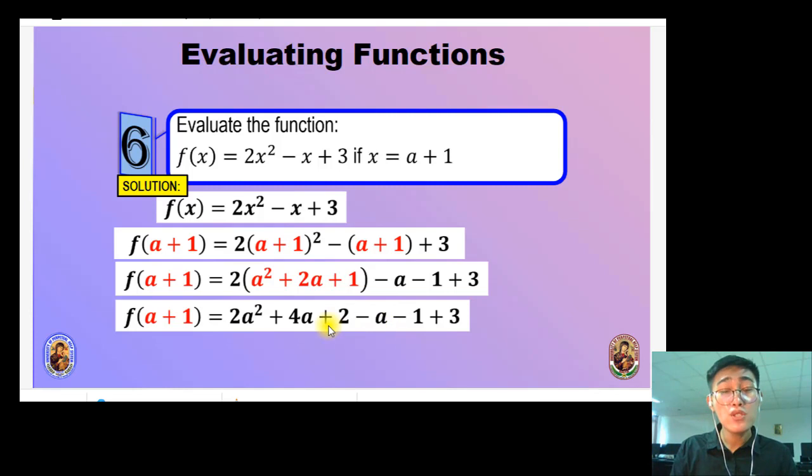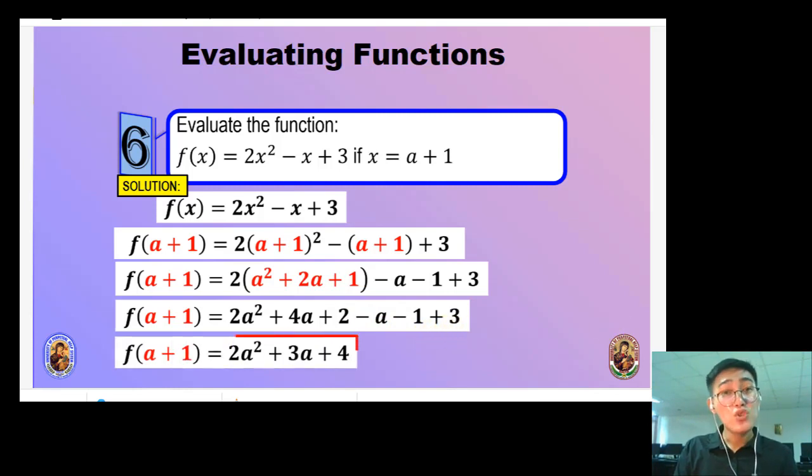So what we are going to do is to combine, right? 4a minus a, we will get positive 3a. And here we have positive 2 minus 1 plus 3, and we will get 2 minus 1, positive 1, positive 1 plus 3 is positive 4. Final answer, 2a squared plus 3a plus 4.